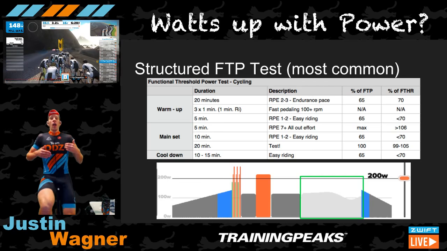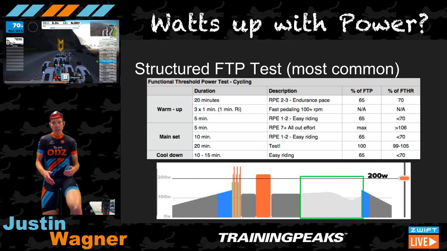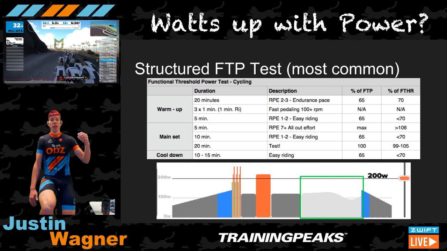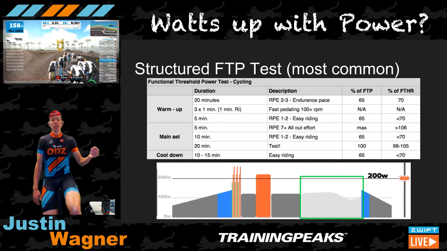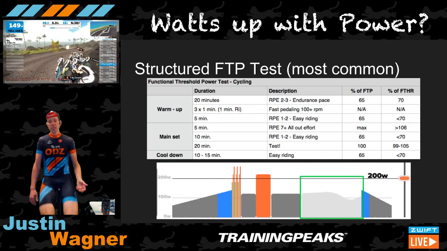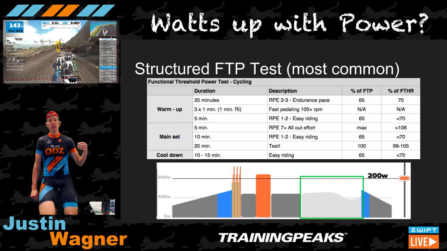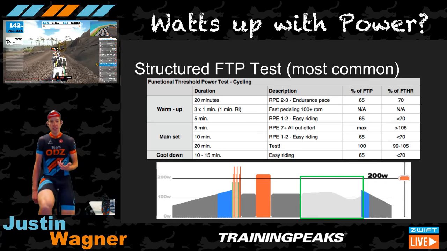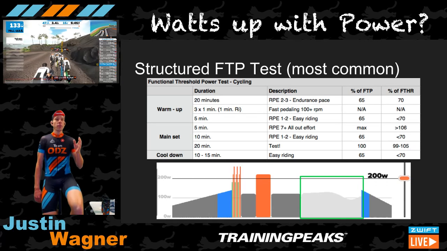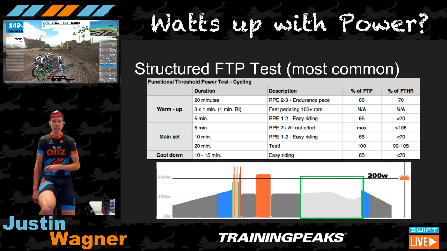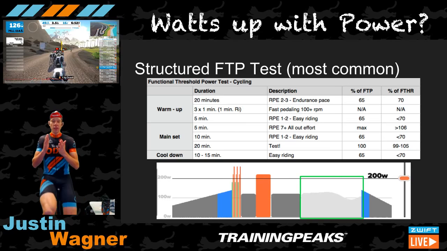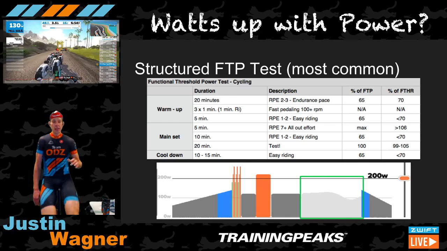And so a lot of studies that have analyzed lab tests of threshold power and power curves of average cyclists have determined that if you take 95% of the average power number that you do for that 20 minutes, that's most likely very close to what your true lactate threshold would be.